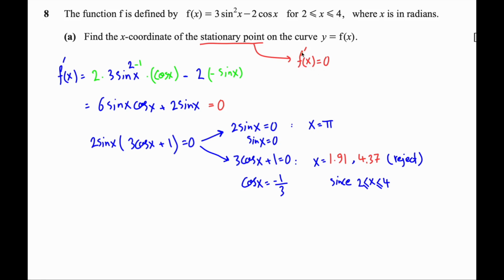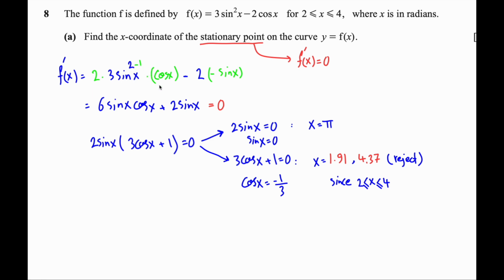Therefore, I have to start by taking derivative of this function. Now, if you notice, the first function is 3 sine square x, which is a composite function. Therefore, I have to apply chain rule. That means I'm going to take derivative of outside. So the power 2 goes in front. 3 sine square remains there, except you have to subtract 1 from the existing power.